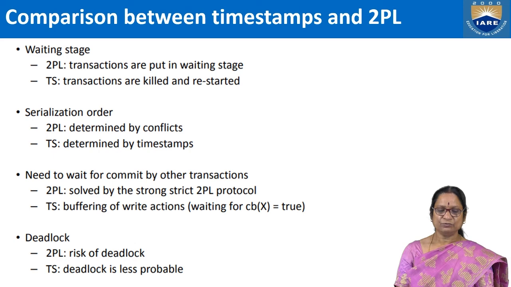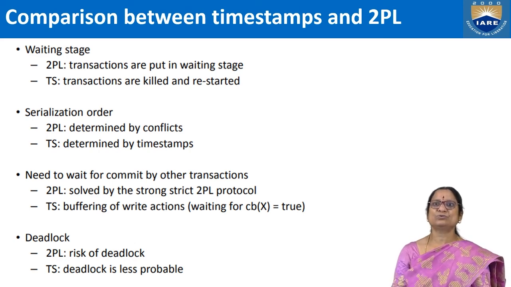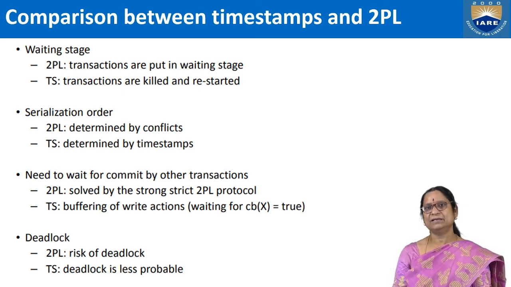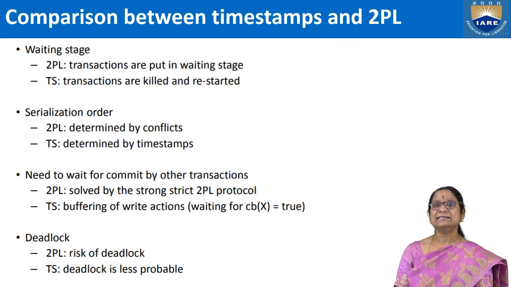Serializability needs to wait for commit by other transactions: in 2PL, solved by the strong strict 2PL protocol. In case of TS, buffering of write actions, that is waiting for write operations of the transaction, can be used. Deadlocking: in 2PL, risk of deadlocking is there, but in TS deadlocking is less probable.